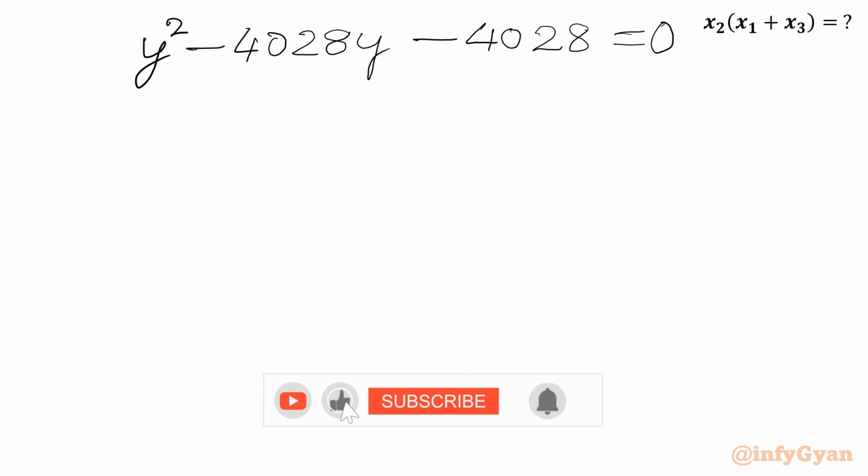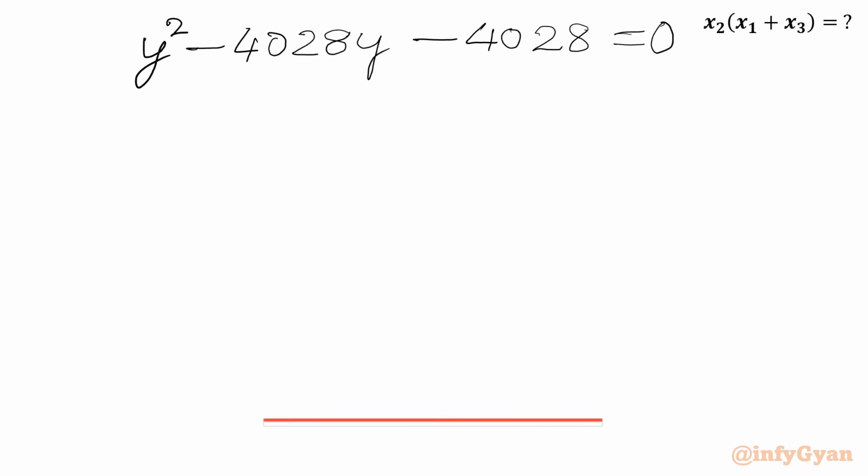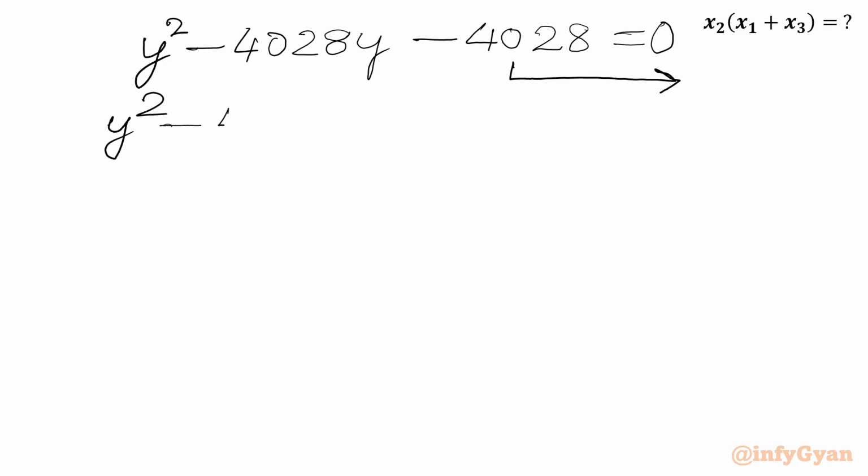Let me write the quadratic first. Here it is. Now I will solve this quadratic equation using the completing the square method. So I will take this minus 4028 to the RHS. I can write the equation y square minus 4028 times y equal to 4028.